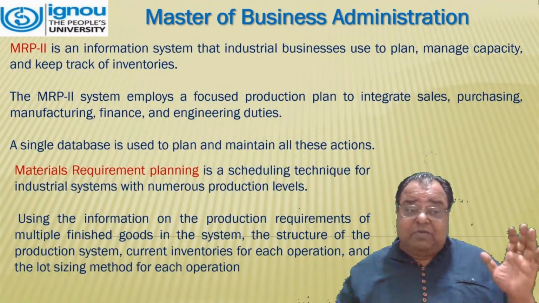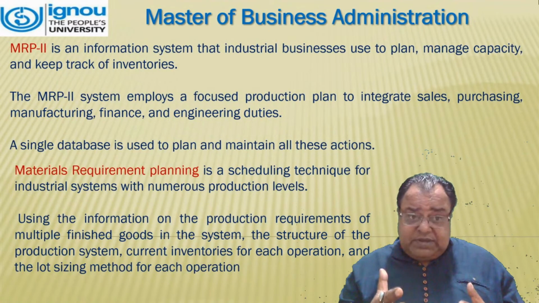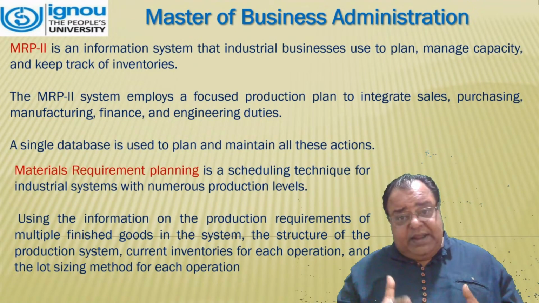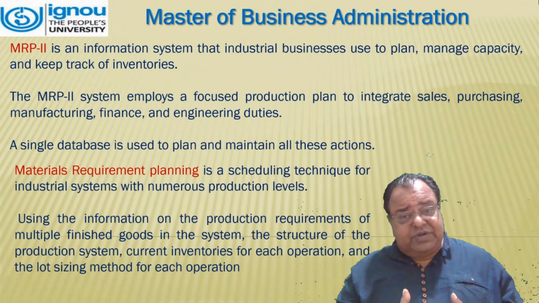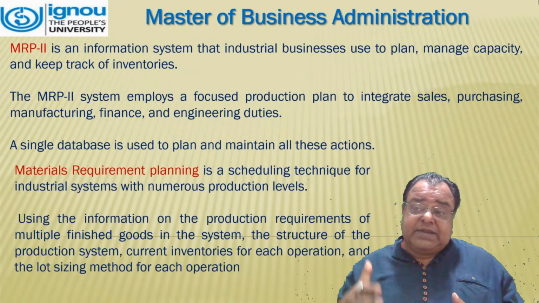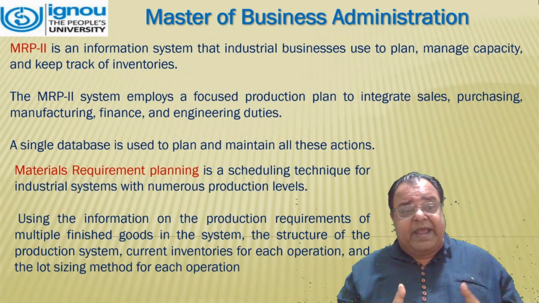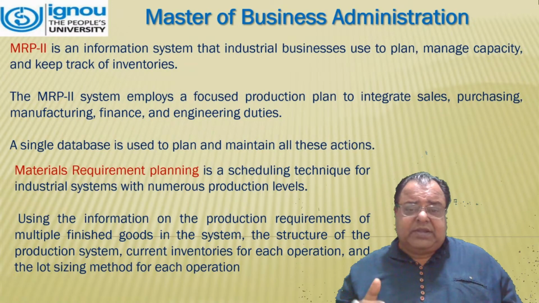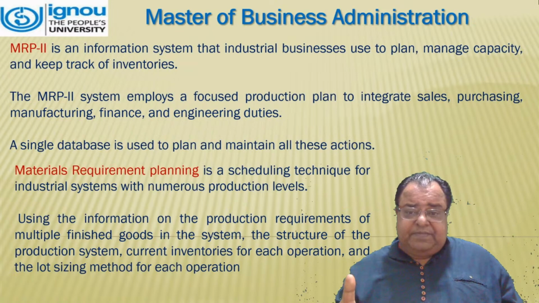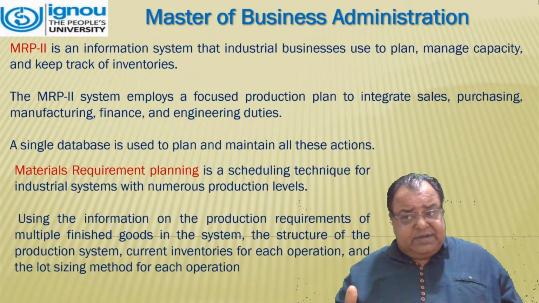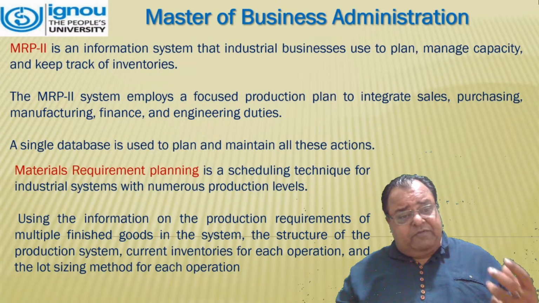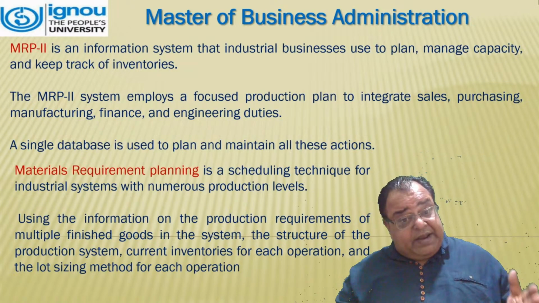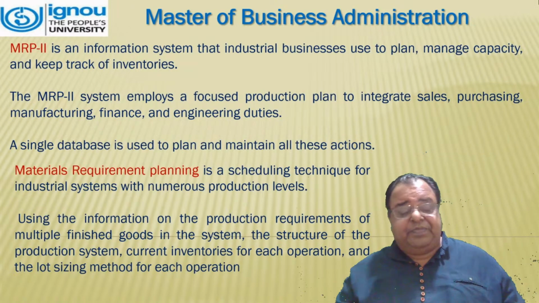What is MRP2? It is an information system that industrial businesses use to plan, manage capacity, and keep track of inventories. The MRP2 system employs a focused production plan to integrate sales, purchasing, manufacturing, finance, and engineering duties.